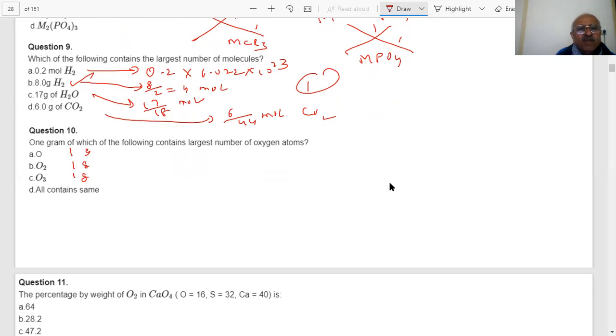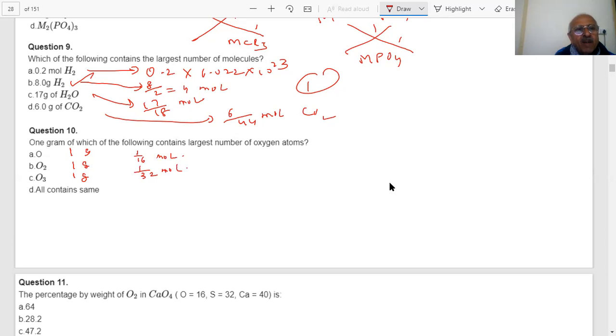C part. 1 gram, first you find the moles. How many moles will be there? 1 by 16 moles. Here how many? 1 by 32 moles.